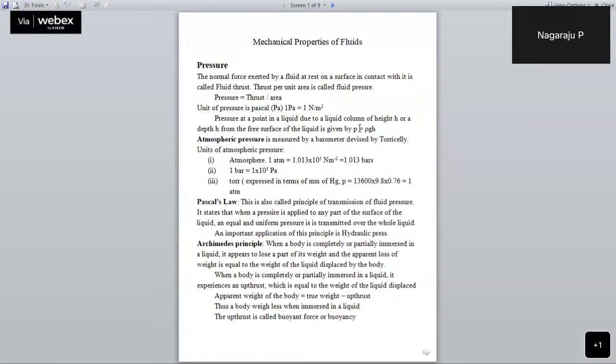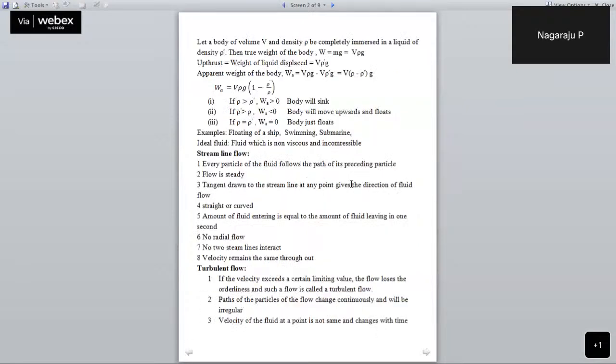And if I use the formula P equals rho g h, you can substitute it there. It is 13,600 into 9.8 into 0.76. That means 76 centimeter, or 0.76, what we can write here. And on simplification, you get this value.